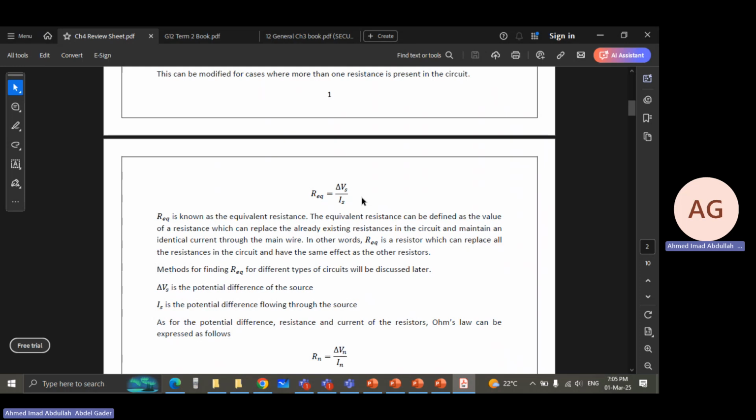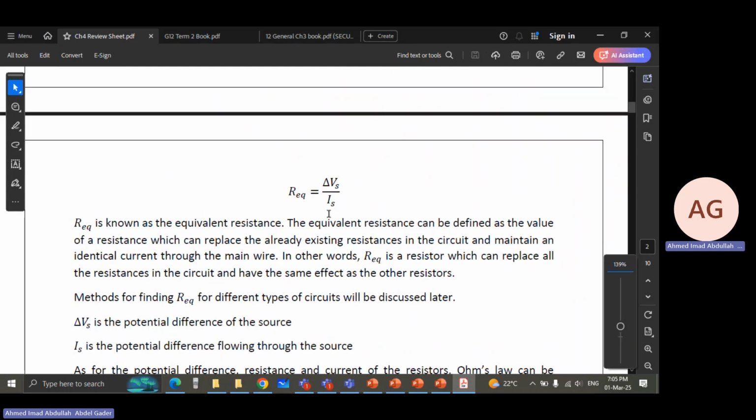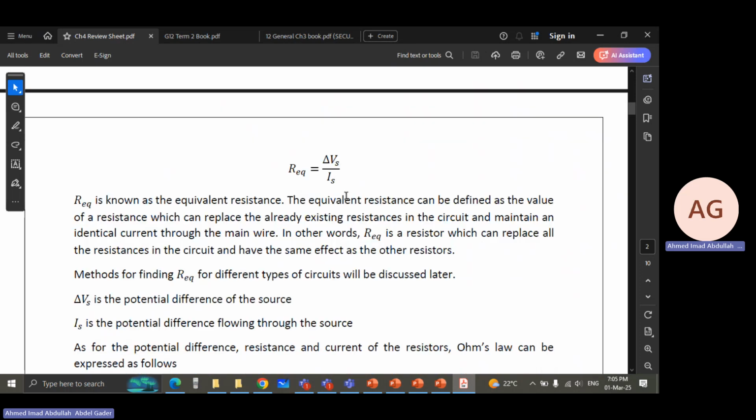And then when you have a circuit made up of multiple resistances, then we can modify Ohm's law to this form, where Req is the equivalent resistance, delta Vs is the potential difference of the source. Most likely in the circuit you will come across it would be a battery, maybe a cell, and Is is the current through this source.